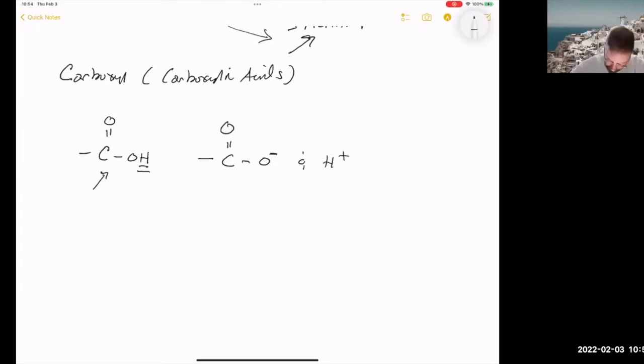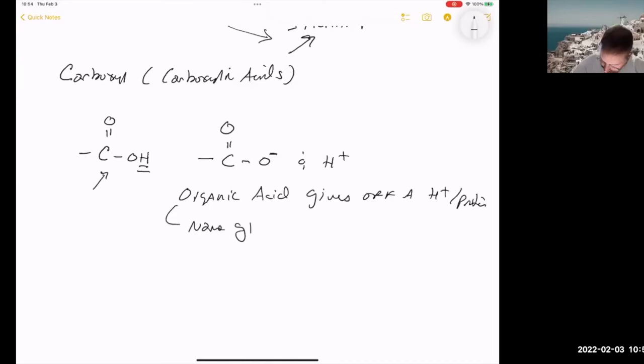And when you have an organic acid that gets dissolved in water and gives off a proton, a hydrogen ion, its name gets changed. I'll give you a couple of examples.